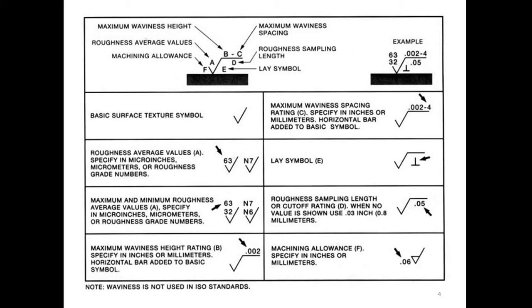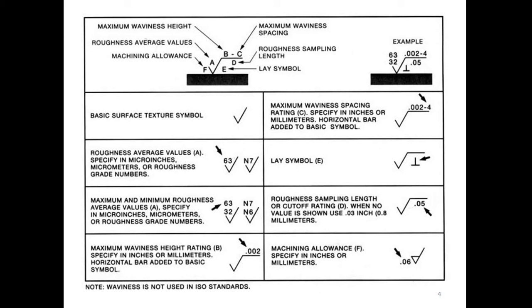Next, the maximum waviness height rating, that is B, specified in inches or millimeters, with a horizontal bar added to the basic symbol, which is 0.002.